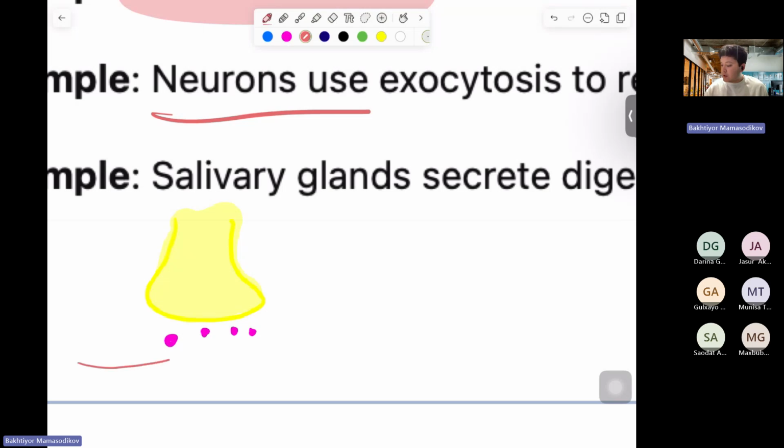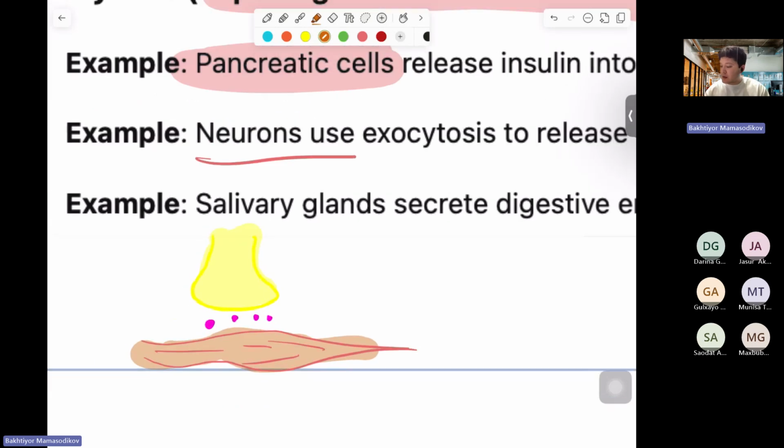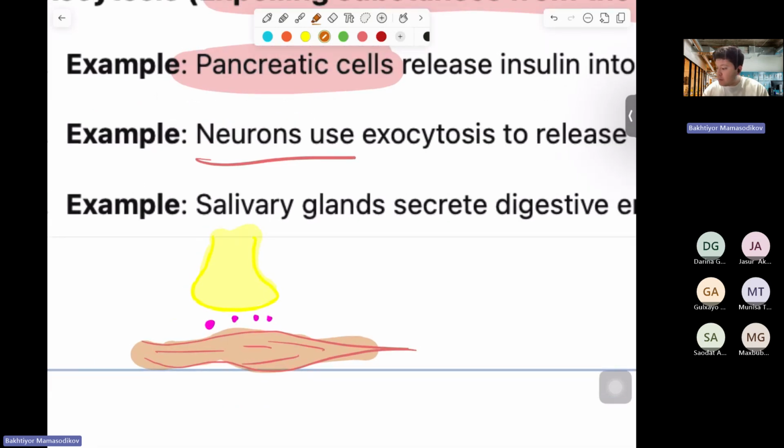Imagine this is the muscle cell. They're going to release acetylcholine. This is the neurotransmitter which contracts your muscles. So when you contract your muscles, сокращение means contraction, you do any job, you're moving your muscles. Okay.